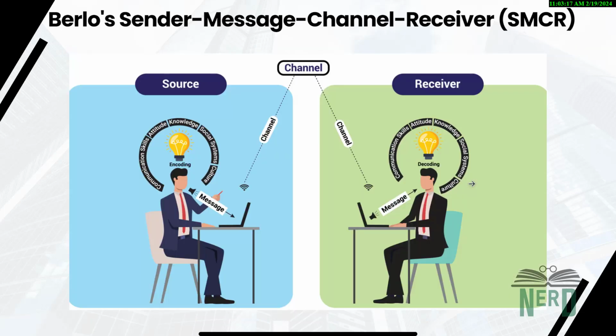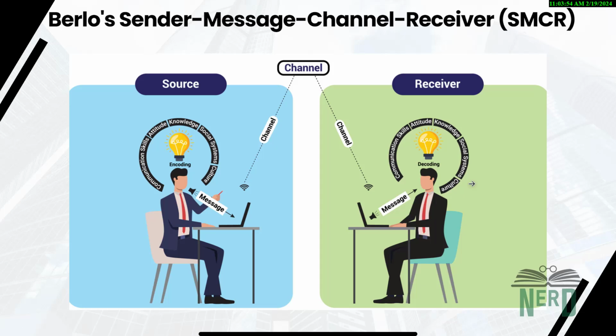Let me show you a picture so you will understand. So the source and sender is what? Remember the guy who's typing there, or writing anything. You can see the picture. So what is important when he encodes? His communication skills, his attitude, knowledge, social system, or even culture, right? Then he will type the message, then through the channel, right? It will go, maybe your WhatsApp or any messaging app.